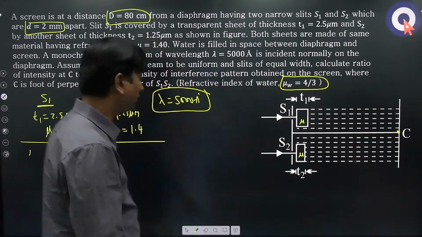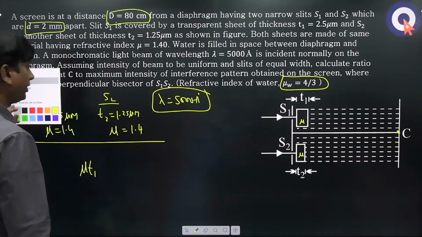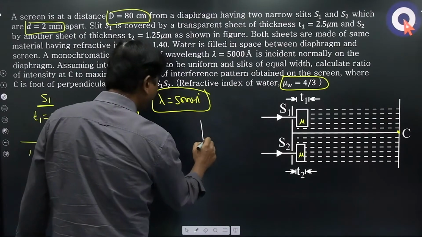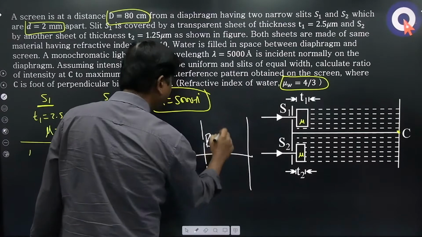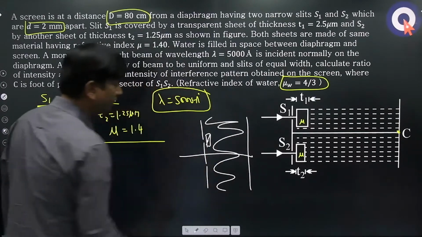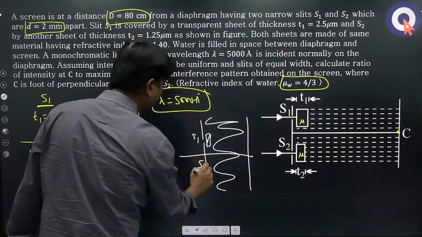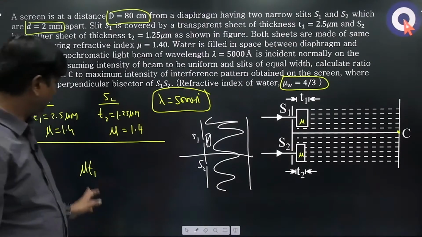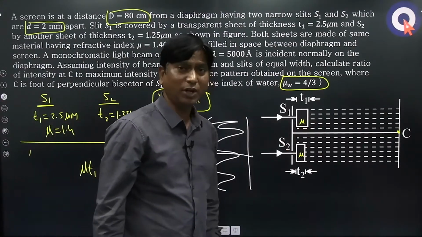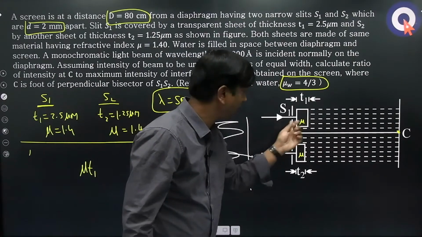So for example, what I am trying to explain to you is, if it is like this, only this is there, this is water, this is not there, S1, S2, right? This is in air, so the remaining is in water, the same distance.